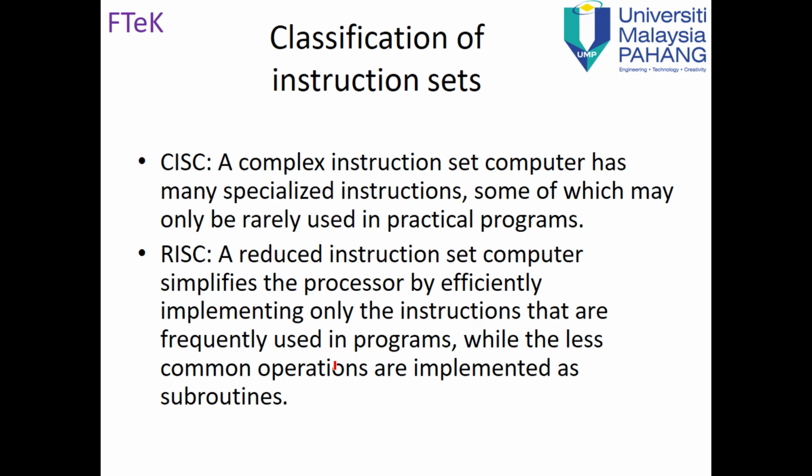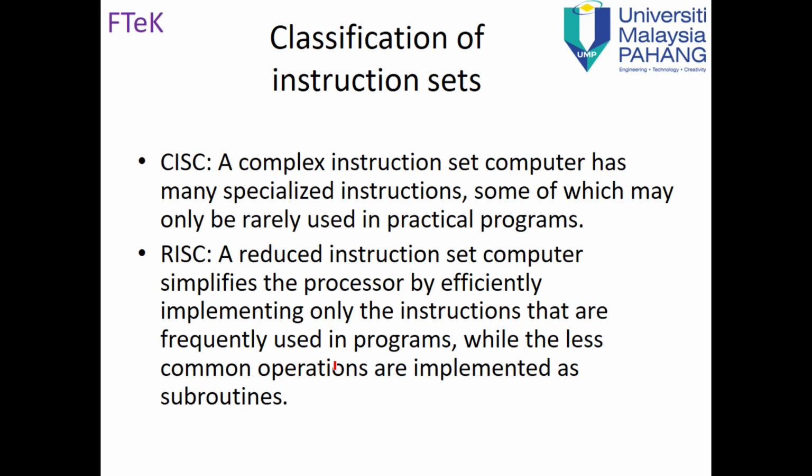There are different types of instruction sets for microcontrollers. One of them is called CISC, or complex instruction set computer. It has many specialized instructions, some of which may only be rarely used in practical programs. We also have RISC, which stands for reduced instruction set computer.